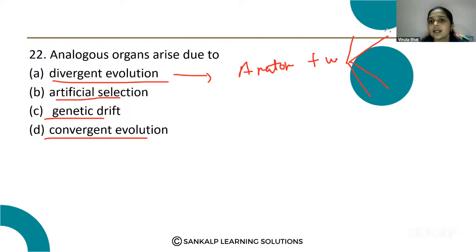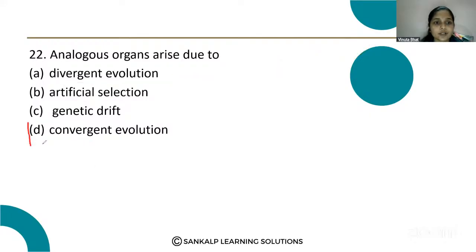Artificial selection is not related to this. Genetic drift is a sudden change in the gene pool by chance. So the correct answer: analogous organs arise due to convergent evolution.